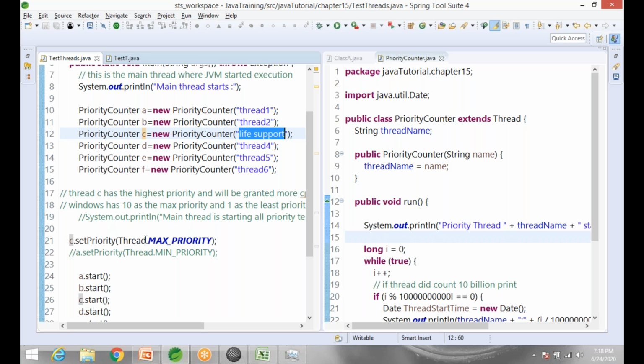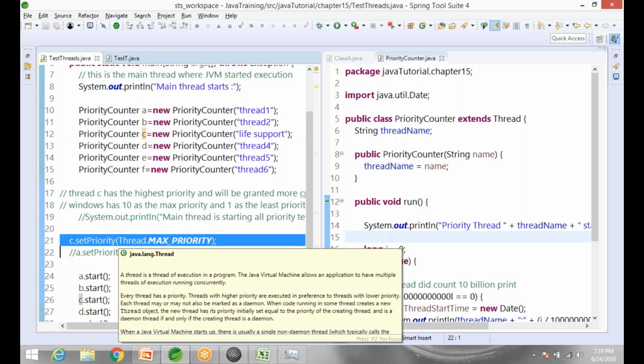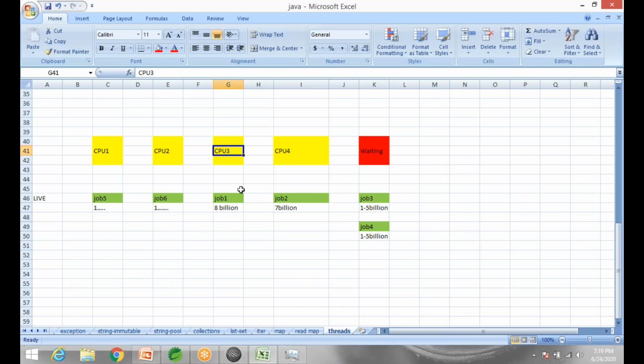When you do this maximum priority, then this is a job that will get the maximum attention from each of the CPUs. And you will notice that this is the only job that will finish counting to 10 billion the fastest among everyone else. So this is how you can give priority. Which software or which program needs the highest priority?